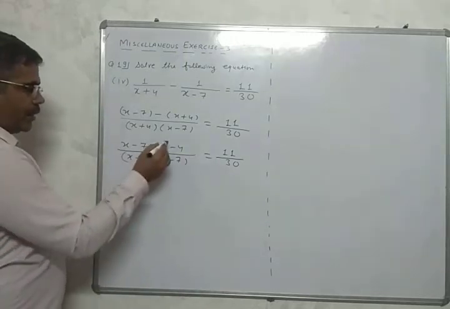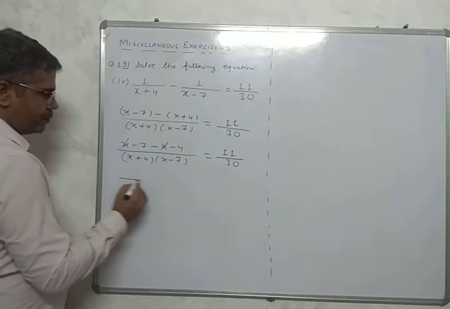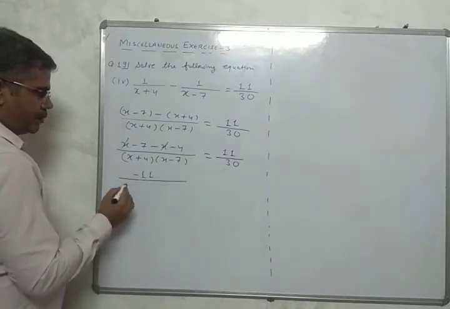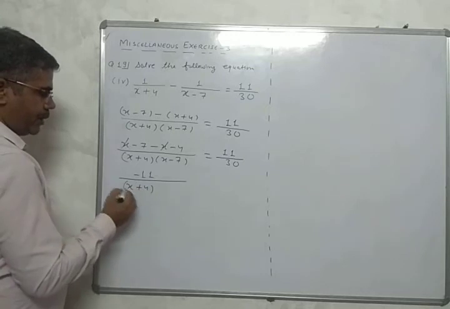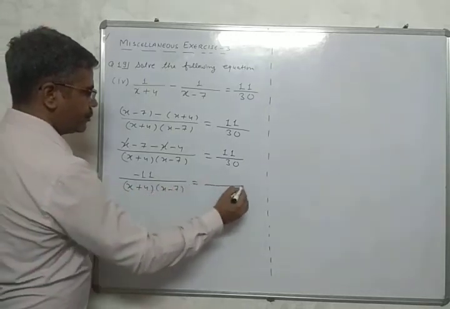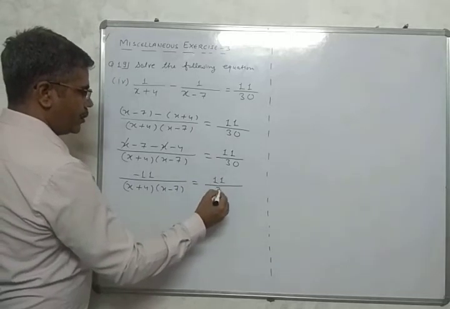Plus x and minus x cancel out. We get minus 11 upon x plus 4 into x minus 7 equals to 11 upon 30.